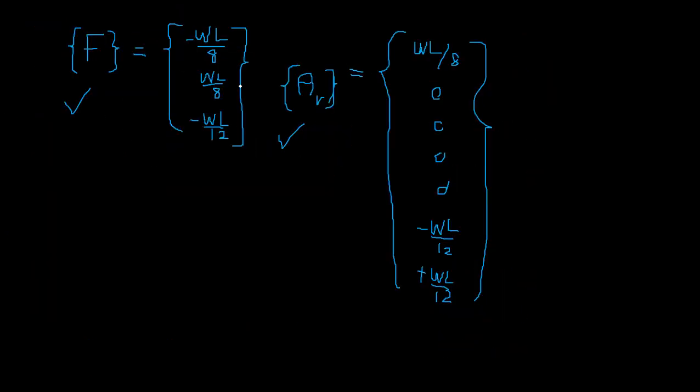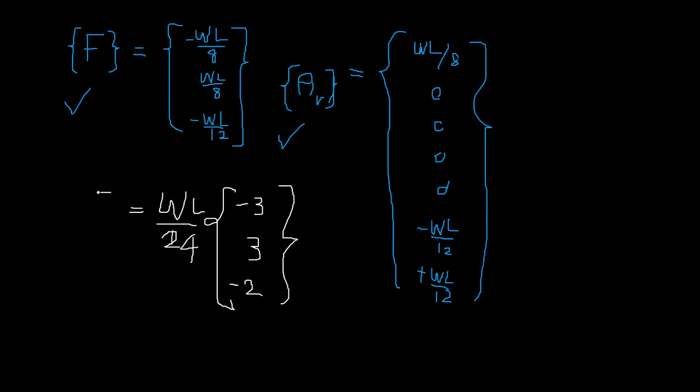Here minus F, you can take WL over 24 out. Minus F means it's negative, okay? So just for now, I will take WL over 24 out. So remaining will be minus 3 plus 3 minus 2.